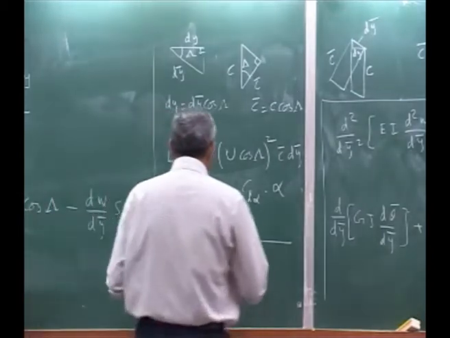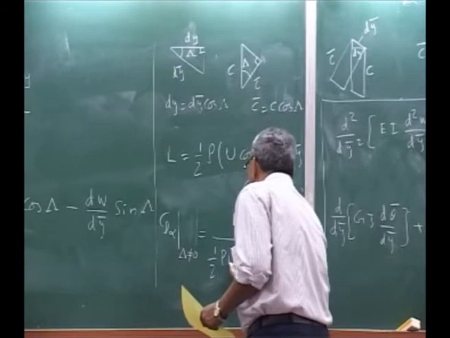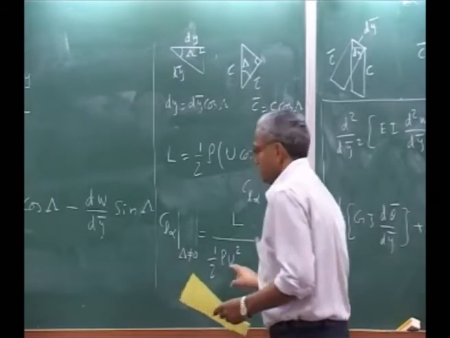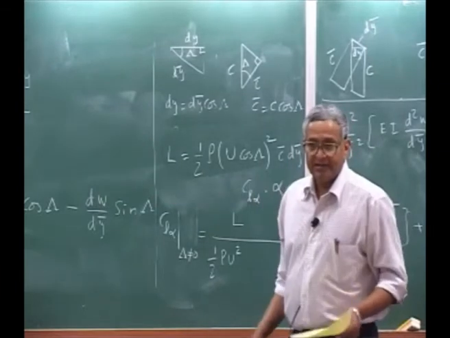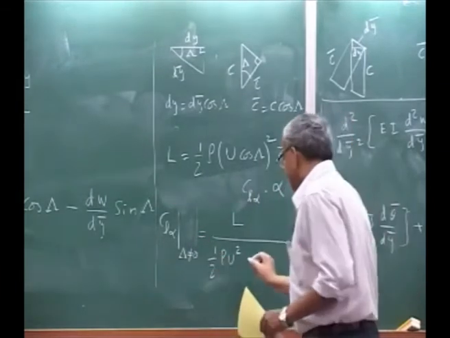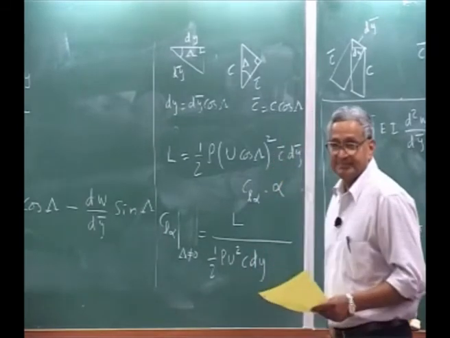What is my u square? Because the flow is u square velocity. What is my area? Area is C dy.